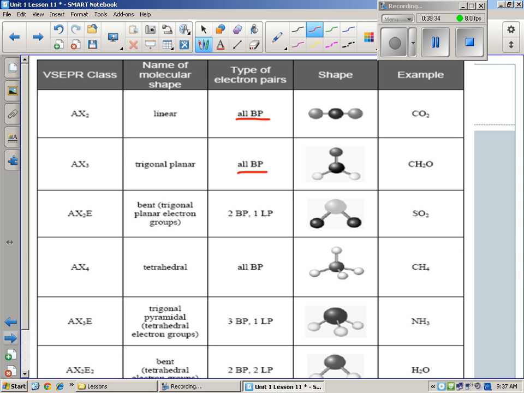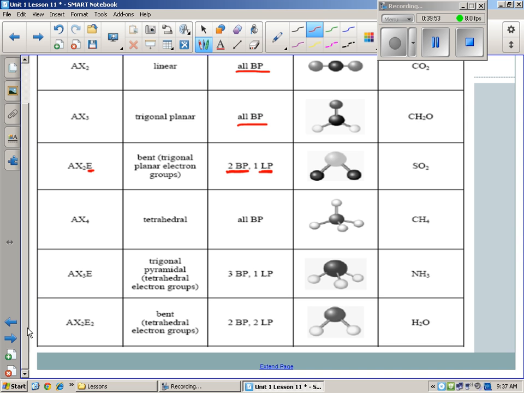Okay. This is AX2E. When you see that, of course, you have to know that there are 2 bonding pairs and a lone pair, right? Think back to SO2 if you want. They give you some examples of each one as well, et cetera. Now, this is a really good study sheet for you guys.